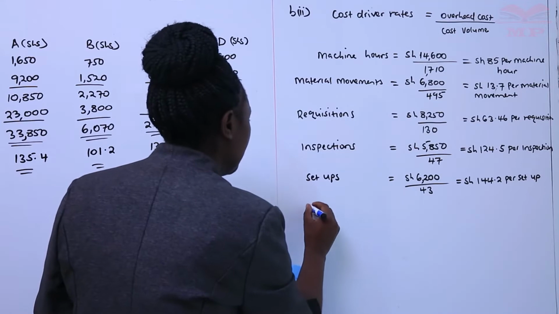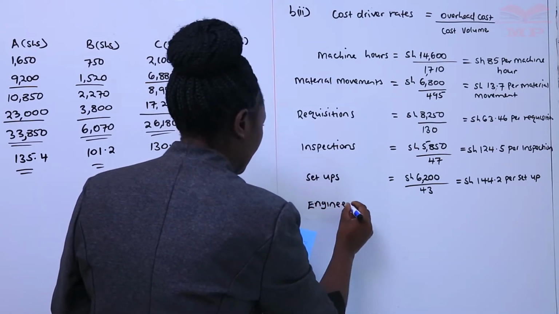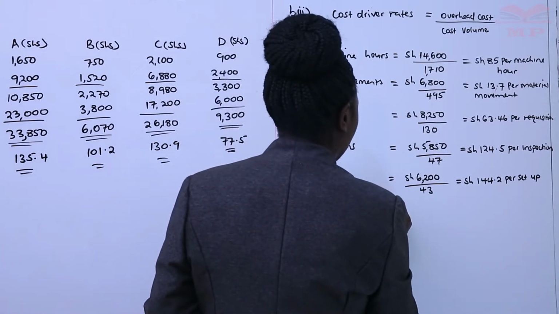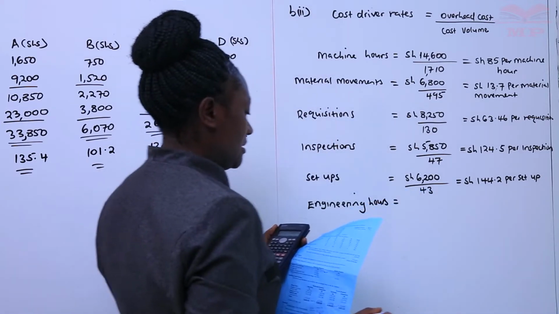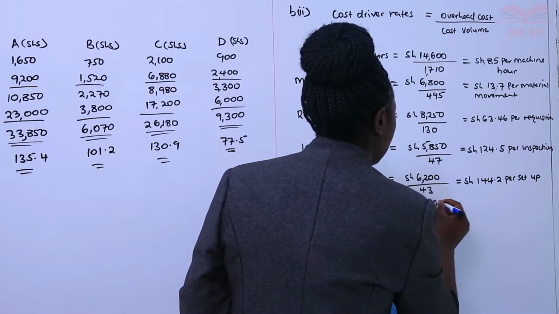Then we have engineering hours. The overhead is 8,300.